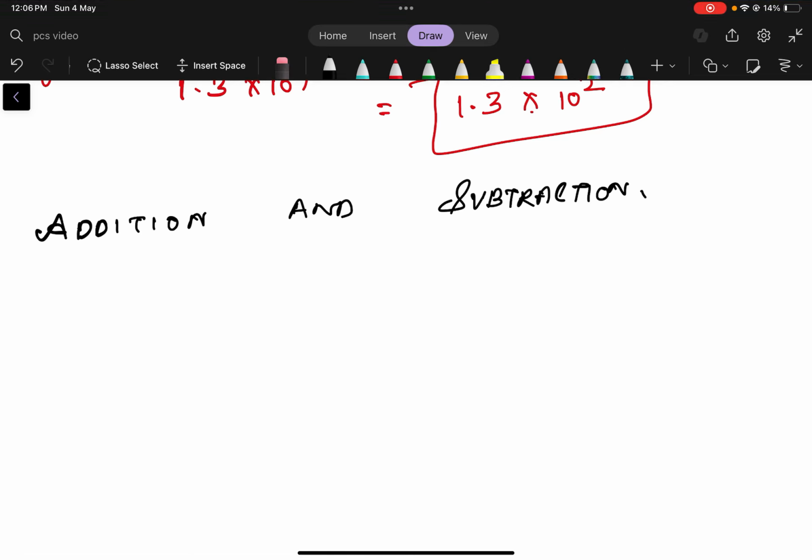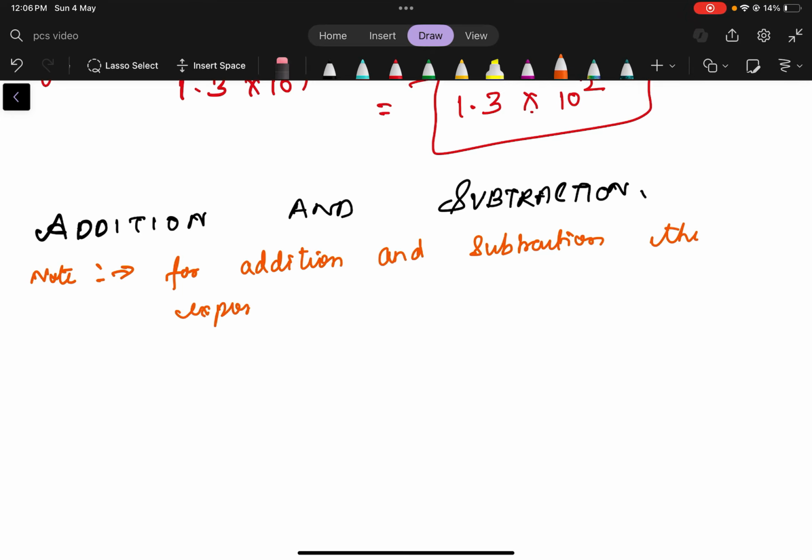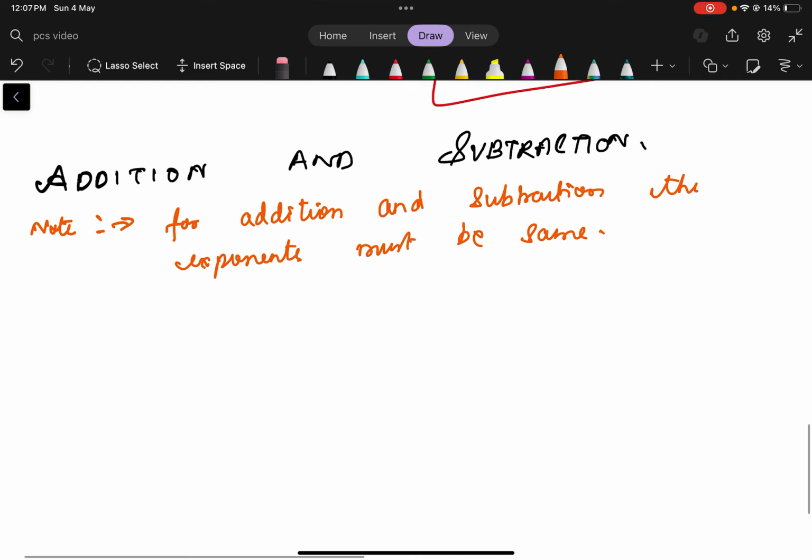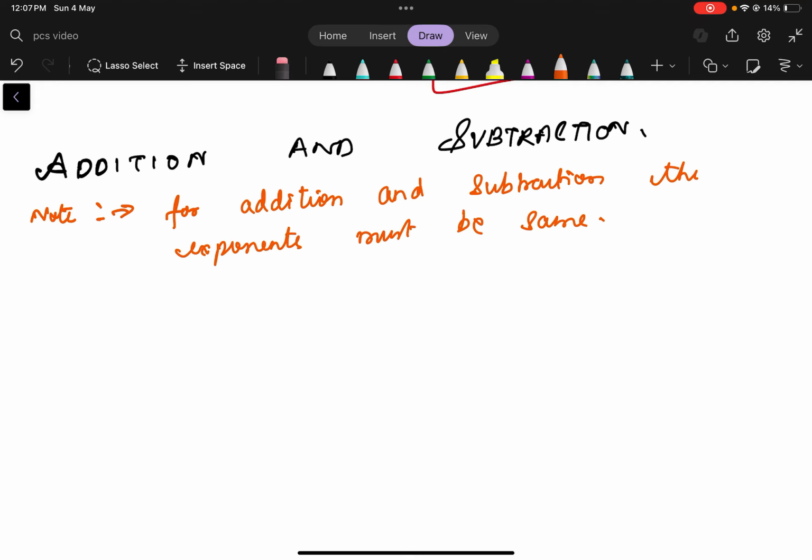Note, for addition and subtraction, the exponents must be the same, and if they are not the same, we have to make them the same, right? This is absolutely true. If both are not the same, we have to make them the same.